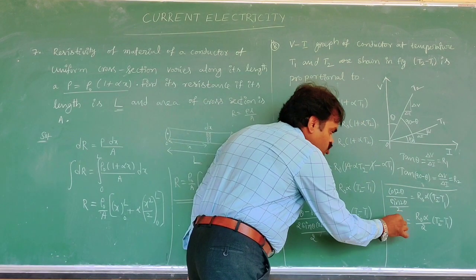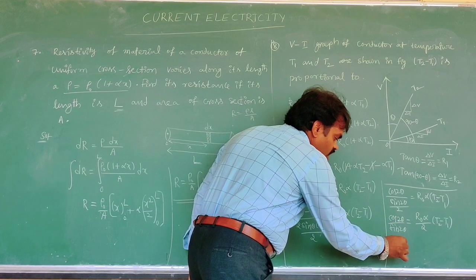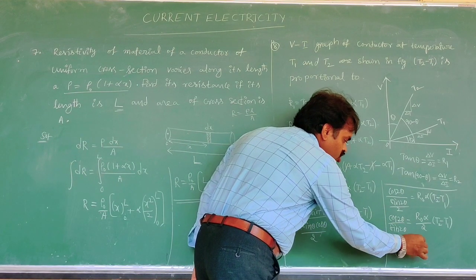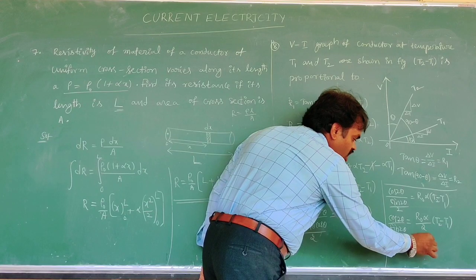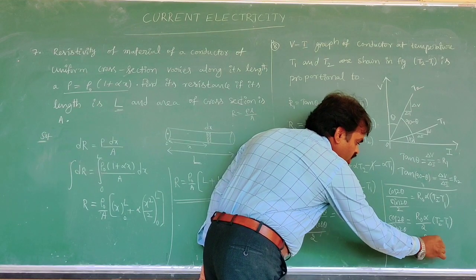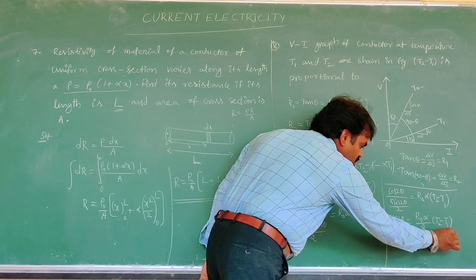Then cos 2 theta by sin 2 theta, which is cot 2 theta, is equal to R naught alpha by 2 into T2 minus T1.